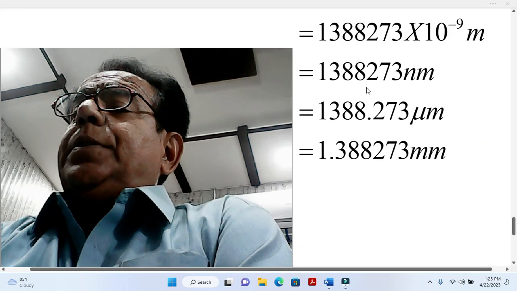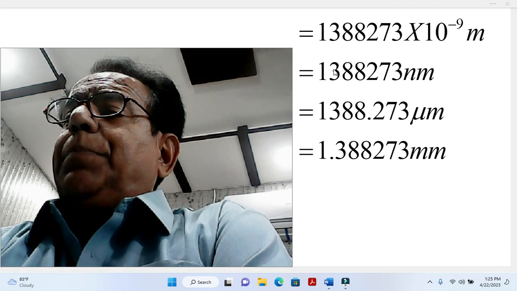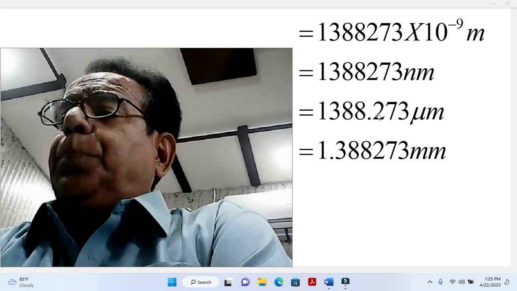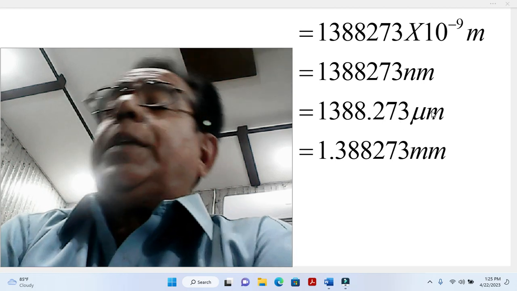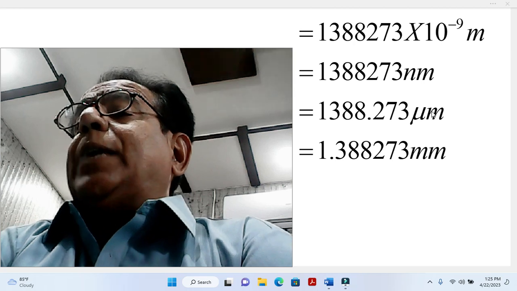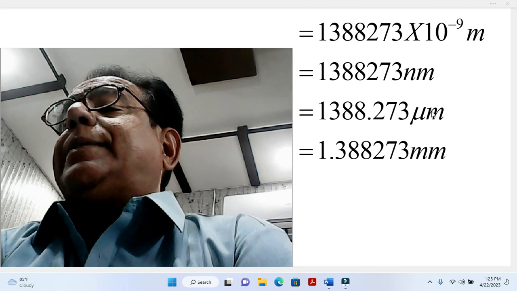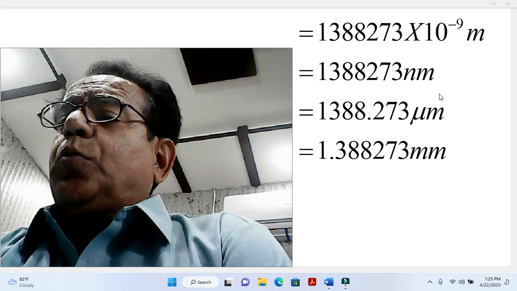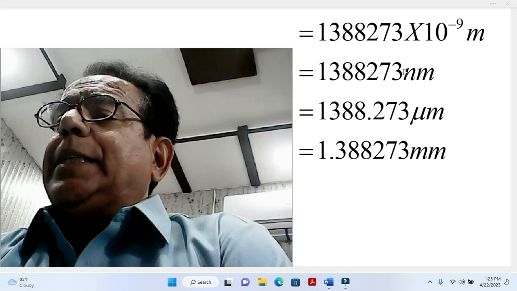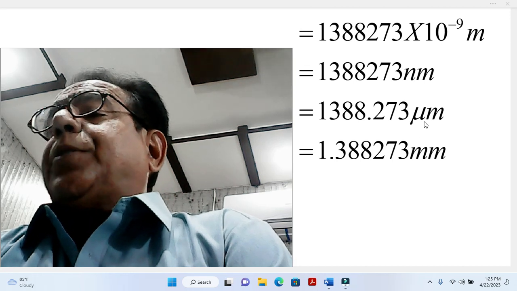If we divide it by 1000, then it will become 1388.273 micrometer. Nano means 10 to power minus 9, micro means 10 to power minus 6. If we write this quantity in this shape, then it will not remain nano, it will be converted to micro.